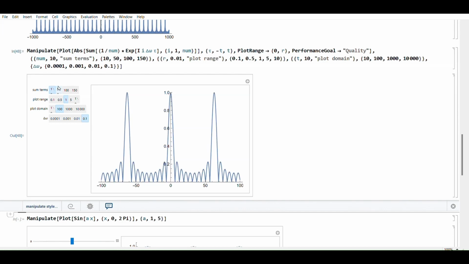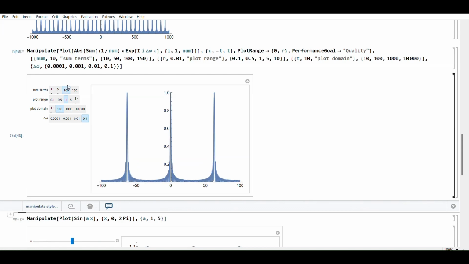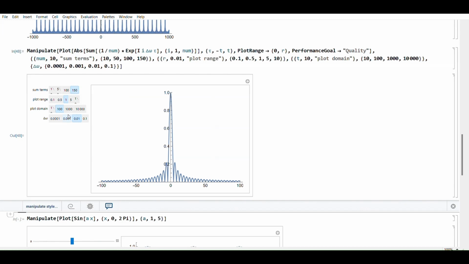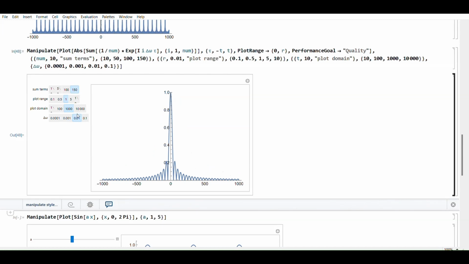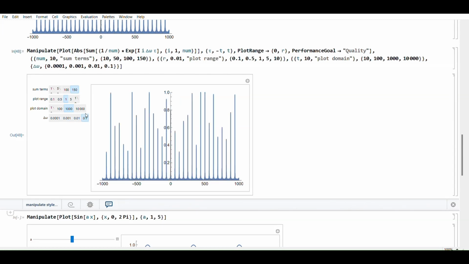So if I increase the number of terms, the width of the peak is decreasing, but the periodicity is the same. And if I keep n constant and change delta omega, then the width is changing and the periodicity is also changing.